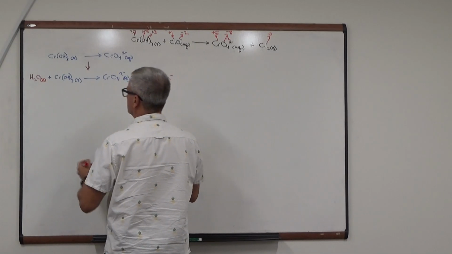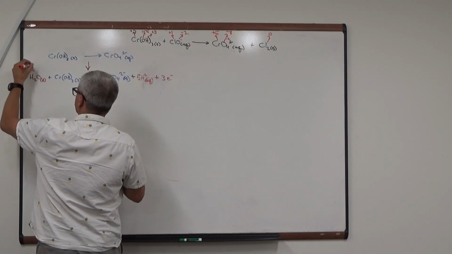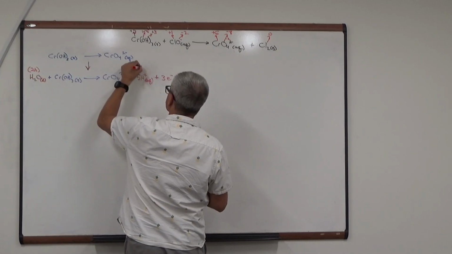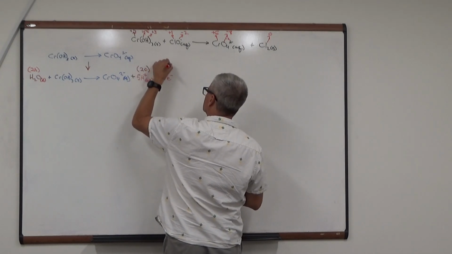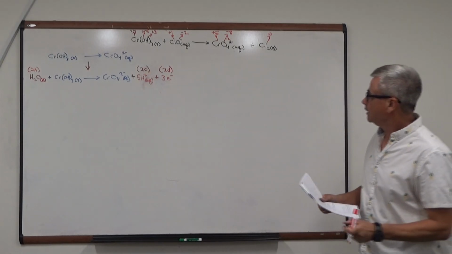All right, and we can. So this is, I don't know if this is helpful or not. That's step 2B. This is step 2C, and this is step 2D. Okay. All right, perfect.